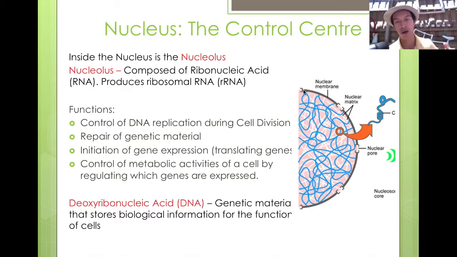So if you think about the nucleus as being a safe, it stores the blueprint of all the information of the individual, every single feature of the individual stored in there, rather than taking it in and out all the time. It gets photocopied, and those photocopies are what is being used as instruction for the rest of the cell. That way the DNA doesn't get damaged, doesn't get moved around the cell, but it stays stored within the nucleus the whole time.